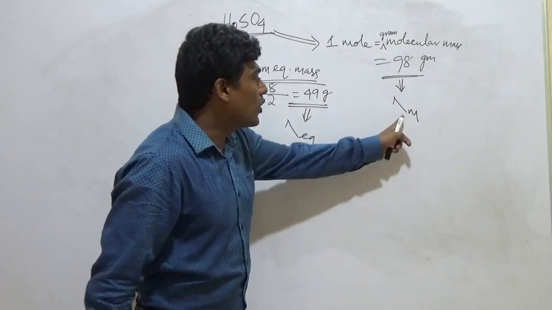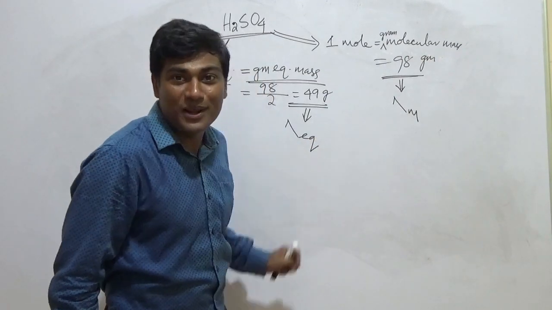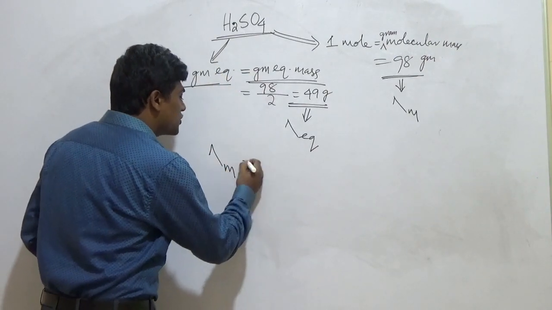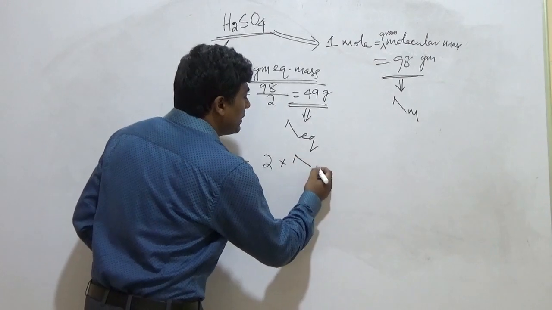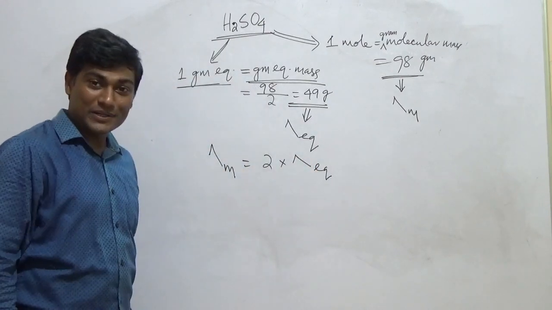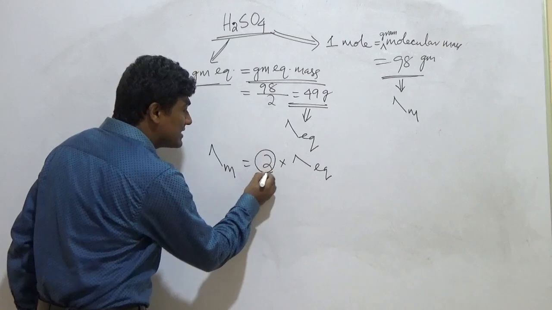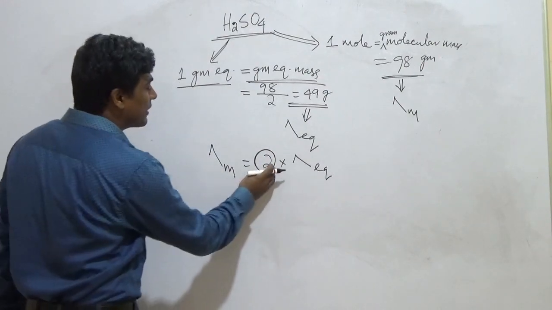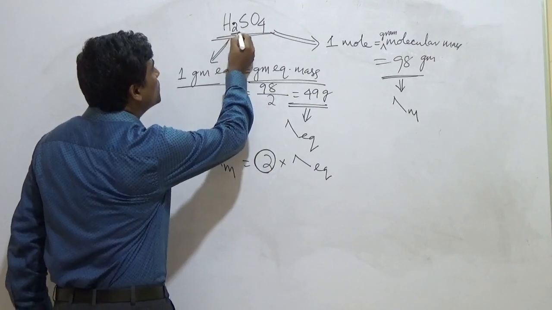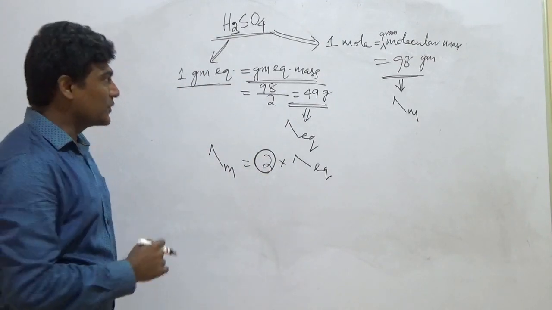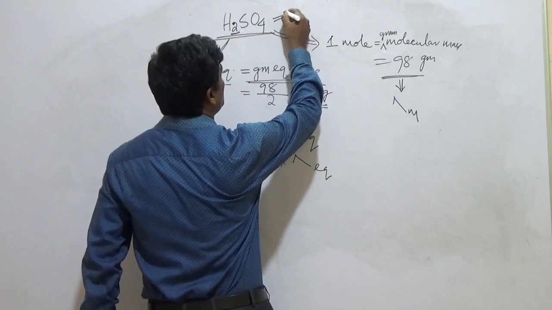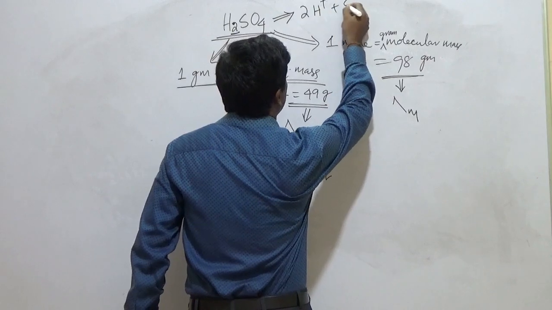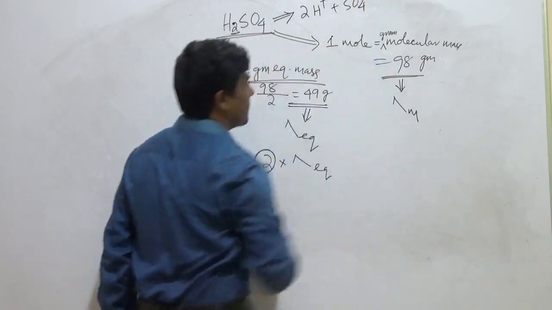That's why the molar conductance is 2 times the equivalent conductance. So lambda m is equal to 2 into lambda eq. Where does this 2 come from? Since H2SO4 ionizes as 2H plus and SO4 2 minus.